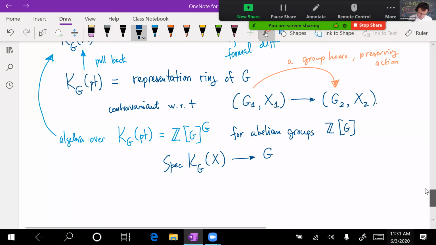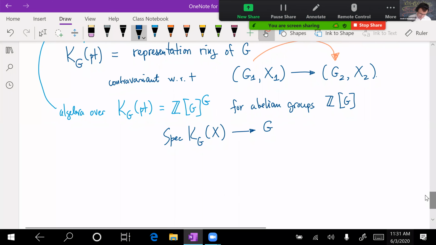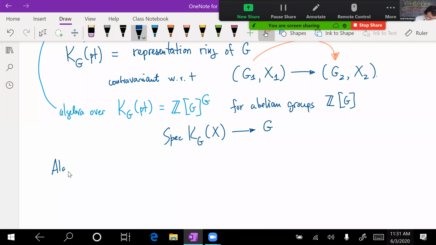Right. So this was the topological case here. Now there are algebraic versions. What we can do is consider vector bundles in algebraic geometry.